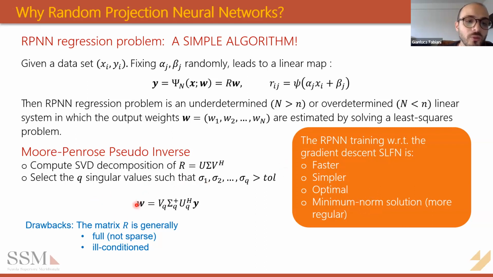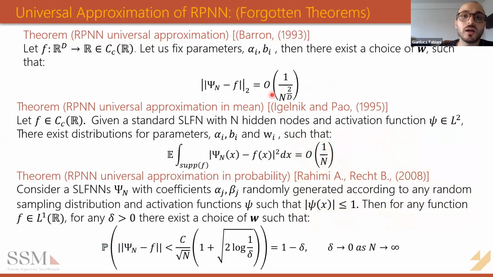There are still some drawbacks in this matrix because it will usually be a full matrix. It's not a sparse matrix. And also, generally, this is an ill-conditioned matrix because we are just randomly producing functions, and these can be similar between them, or can be very far from what we want to solve. Actually, we also have universal approximation for random projection neural networks, and these are sort of forgotten theorems again.